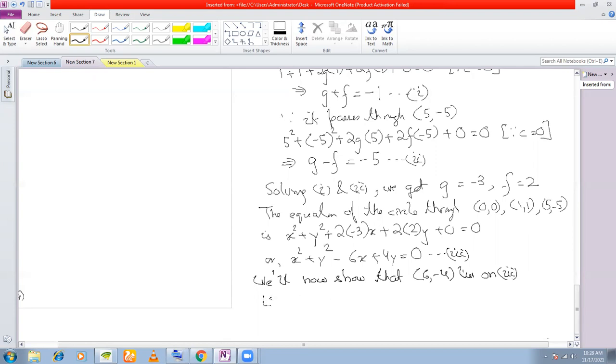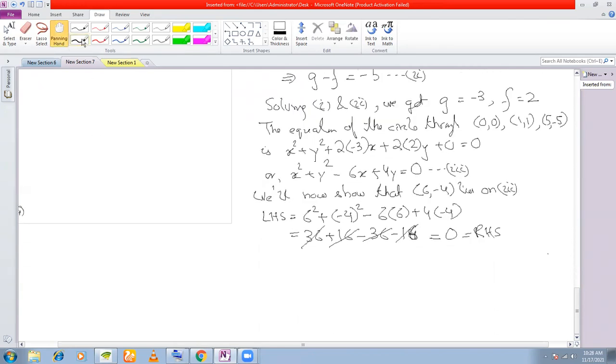Left hand side is equal to, put x is equal to 6 and y is equal to minus 4. So we get here, this should be 16. So if you see all this cancels. Equal to 0 is equal to RHS.